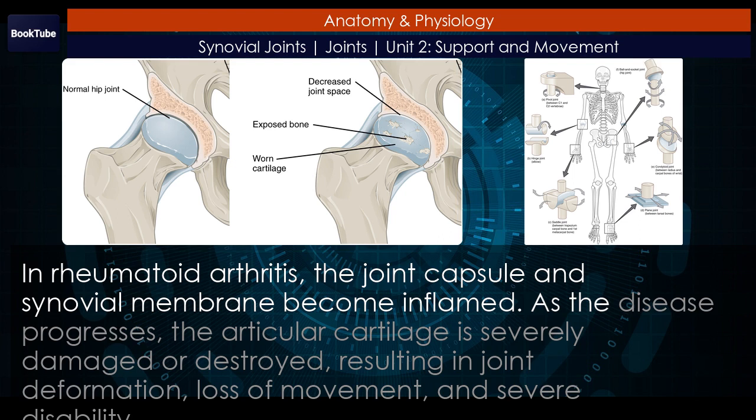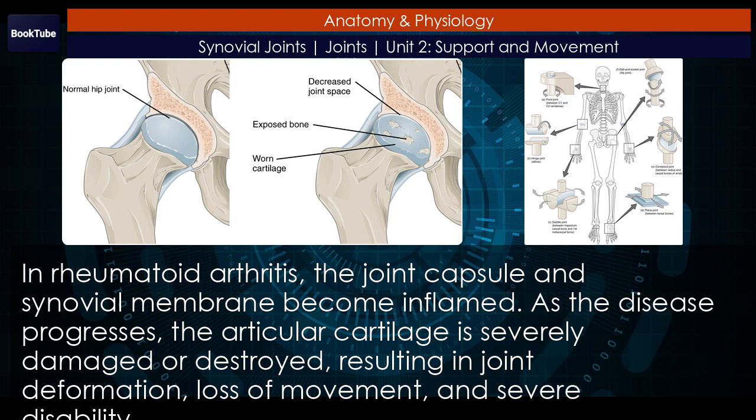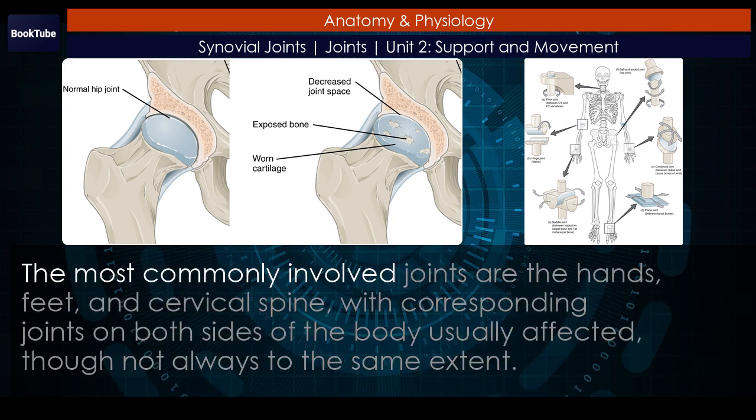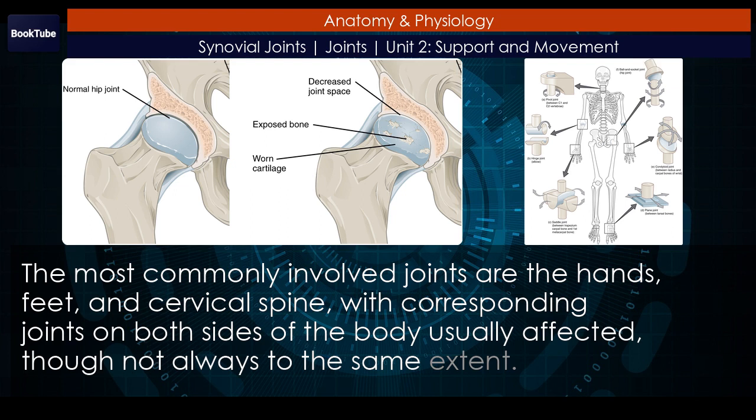As the disease progresses, the articular cartilage is severely damaged or destroyed, resulting in joint deformation, loss of movement, and severe disability. The most commonly involved joints are the hands, feet, and cervical spine, with corresponding joints on both sides of the body usually affected, though not always to the same extent.